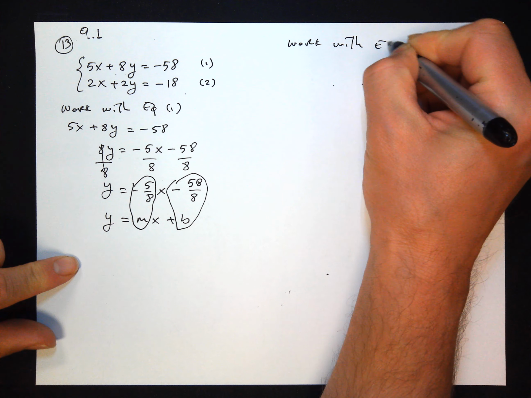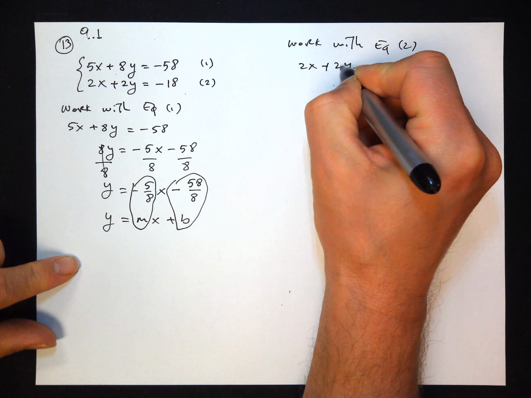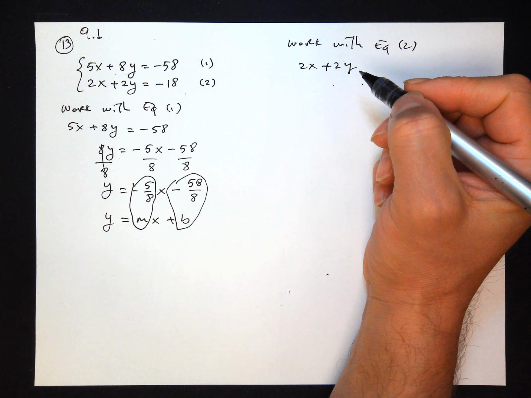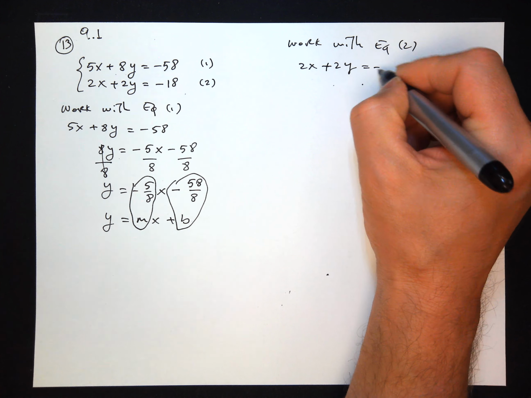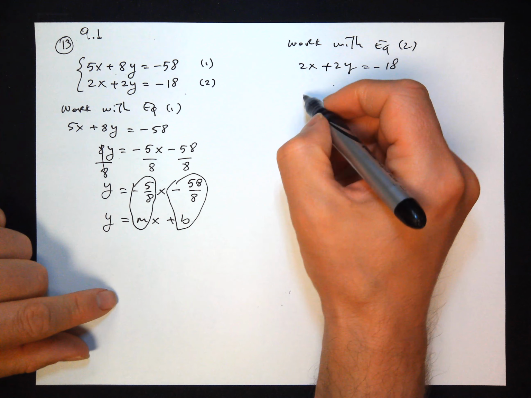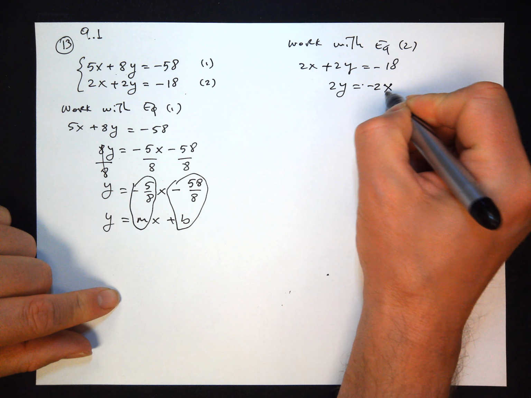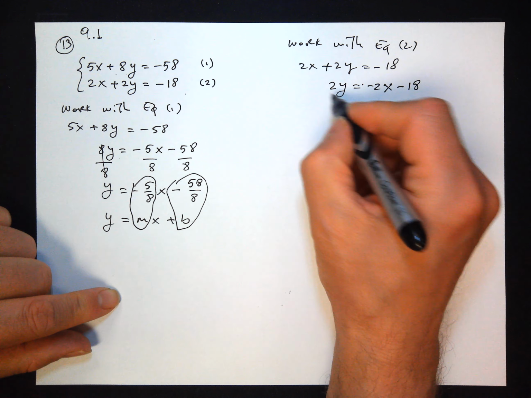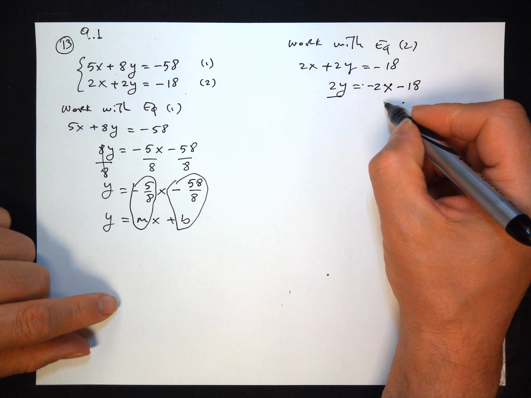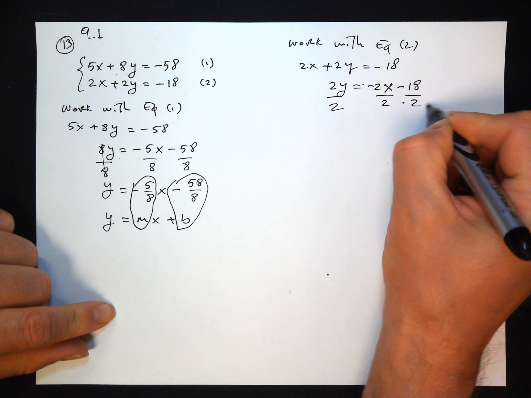Okay, so work with equation 2. So I have 2x plus 2y equals negative 18. So 2y equals negative 2x minus 18. So this is going to turn out much better in slope-intercept form. So divide everything by 2.